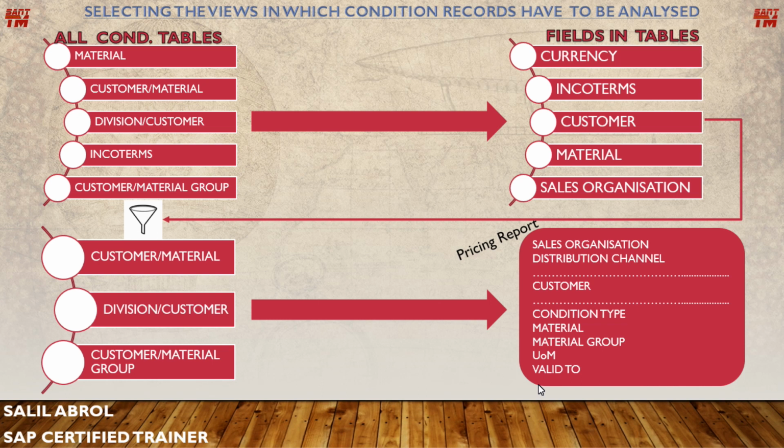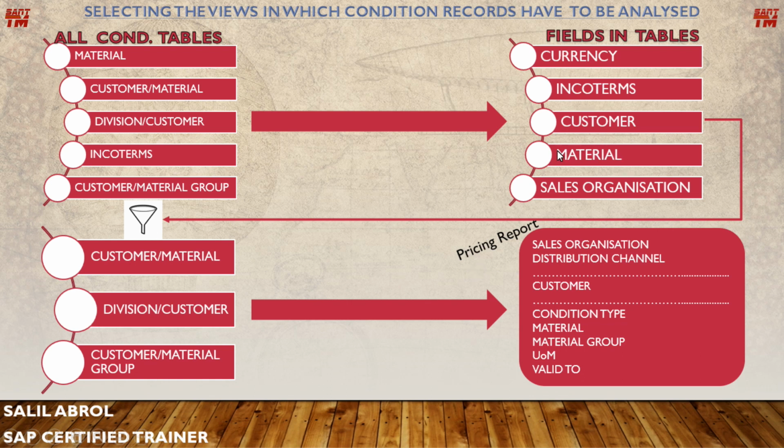So this is how a pricing report is generated using the condition tables. From these condition tables, I selected one field, and for that field I applied the filter on all the condition tables, and keeping that in mind, I generated the pricing report.